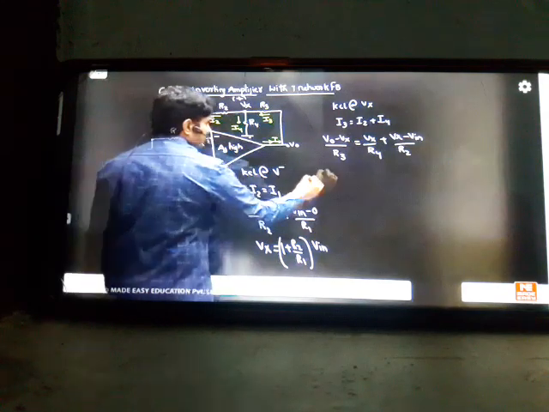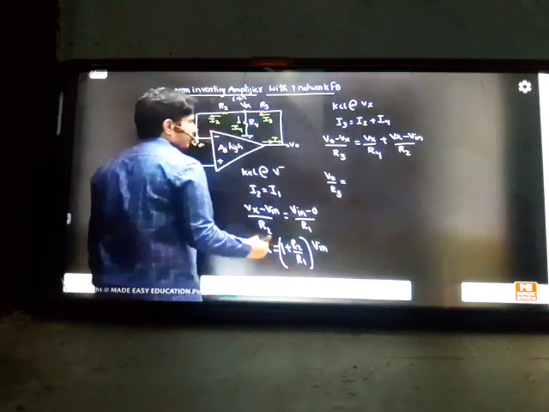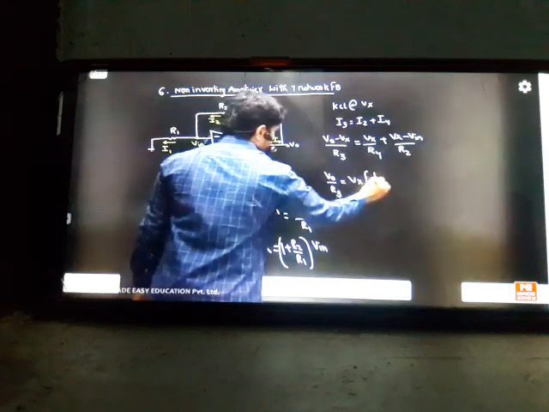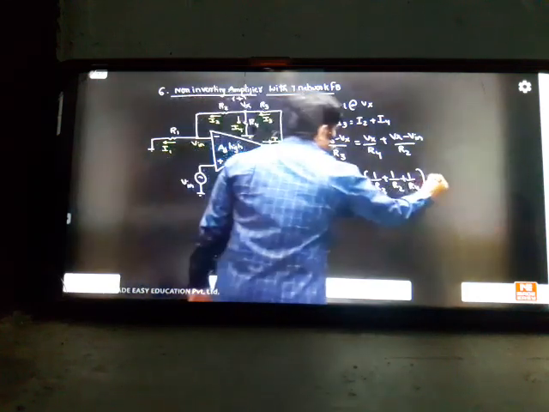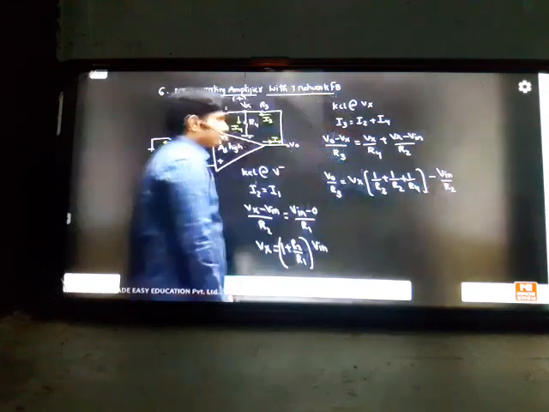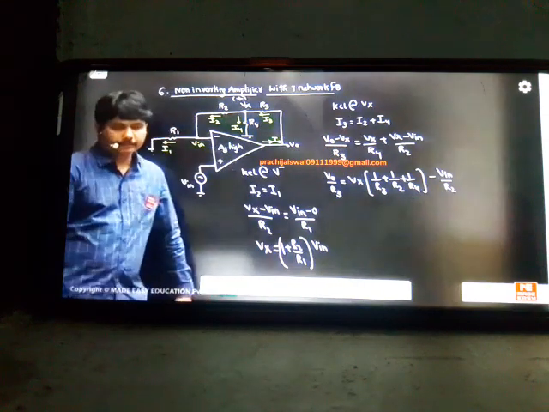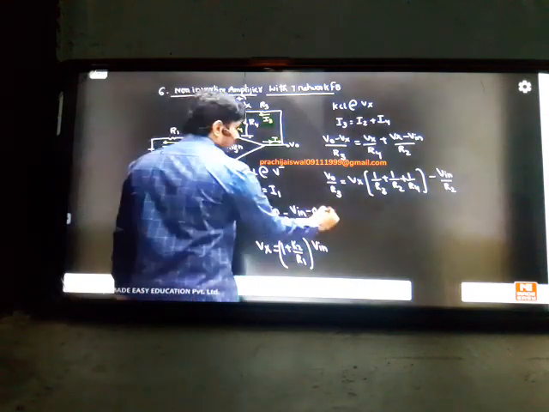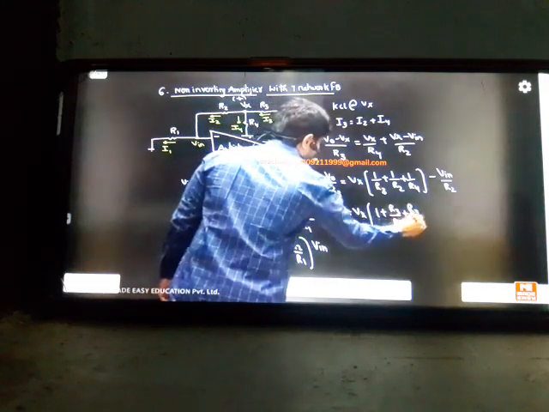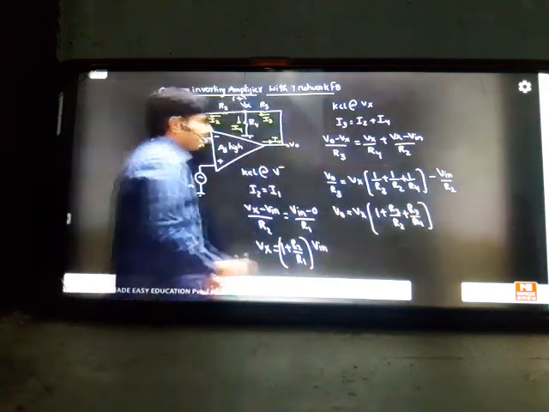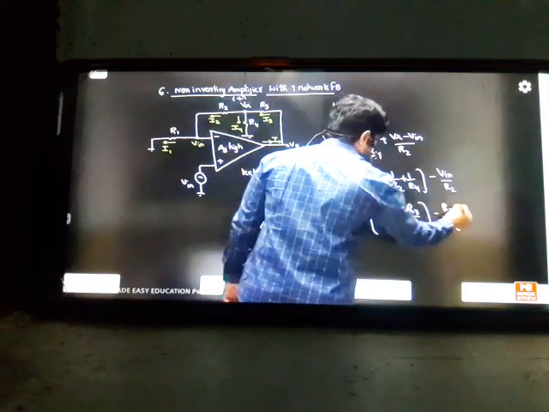So here V0 by R3, if you keep it on one side, Vx goes common, in the same manner as the previous topic, we get 1 by R3 plus 1 by R2 plus 1 by R4. But here, extra, we get minus VIN divided by R2. So if you move R3 to that side, it becomes Vx into 1 plus R3 by R2 plus R3 by R4, and here minus R3 by R2 into VIN.